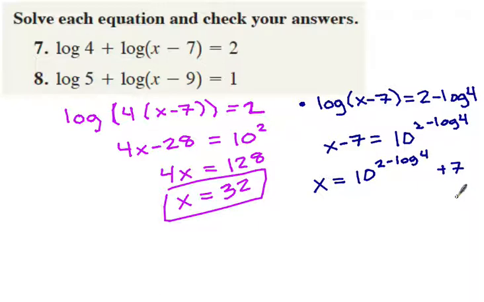But if you type this into the calculator, you end up seeing that it equals 32. So both routes will get you to the same destination. I'm going to recommend you go with this purple route because I think that will lead to less errors and it allows you to do some more cool, complicated stuff later when you get variables in both logs. But just know that both these are potential routes to get there.